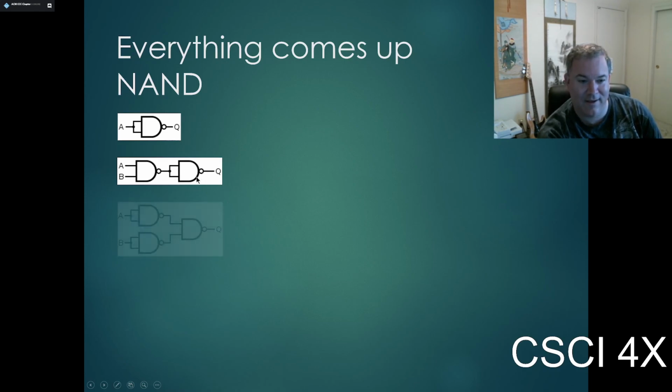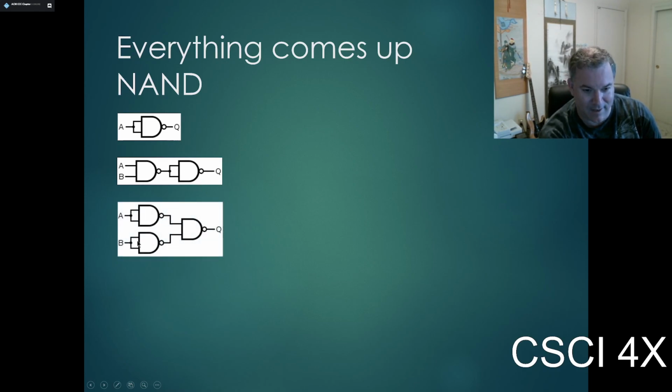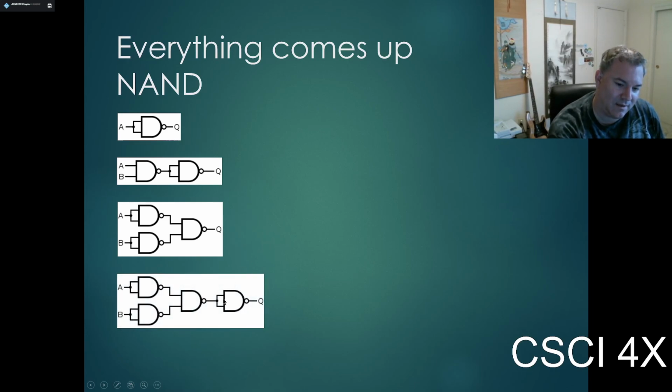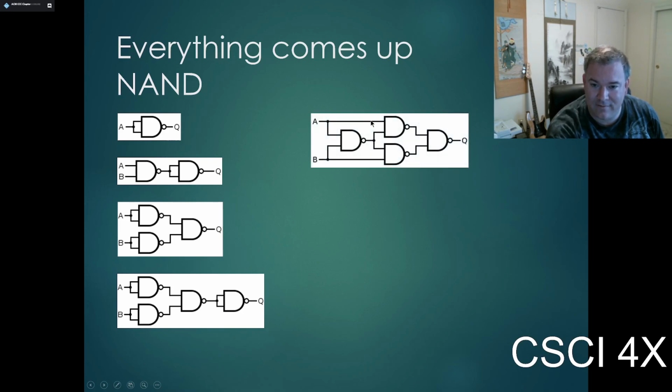And if you have NOT feeding into NAND here, then you get an OR gate. So NOT A NANDed with NOT B should be OR, yeah. And that's a NOR gate, because it's an OR gate with a NOT on the end of it.